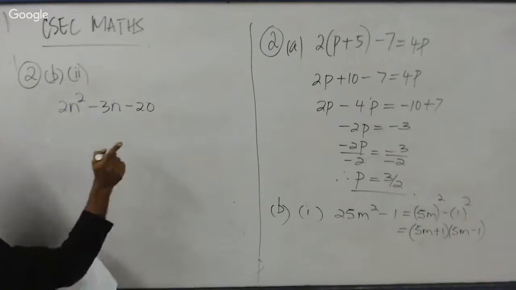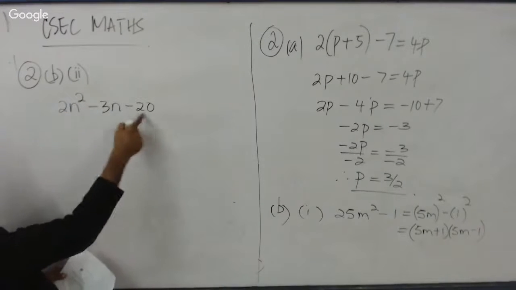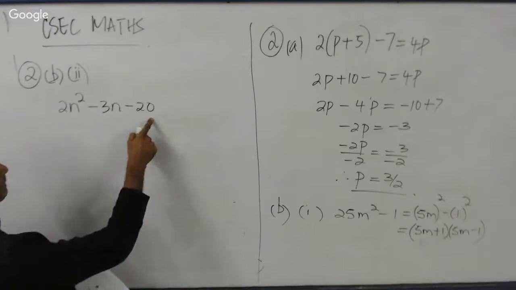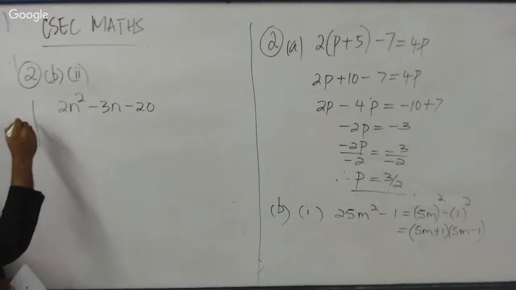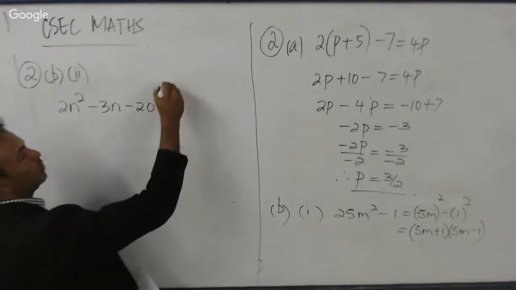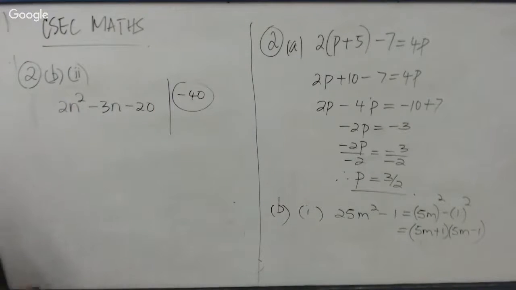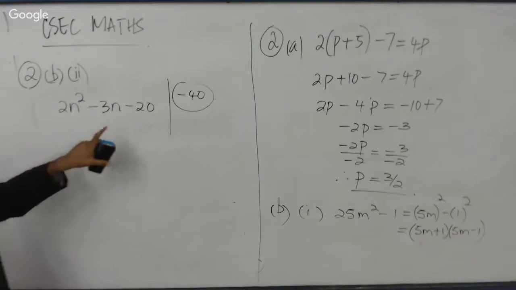Factorize. So one method, multiply the n squared number and the constant, you get negative 40. You want two numbers that multiply to give negative 40, and when you add, you get negative 3.